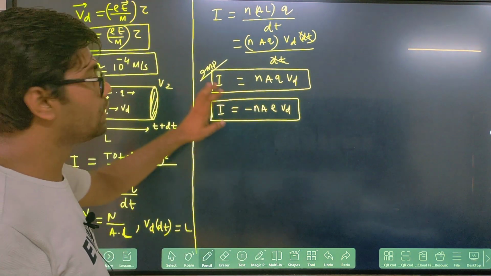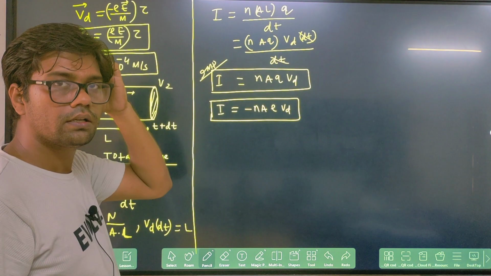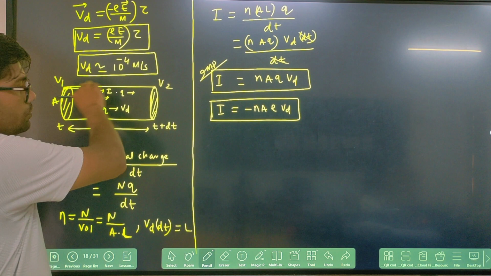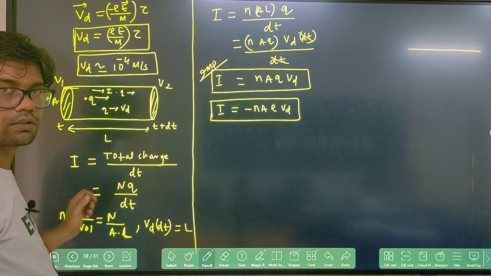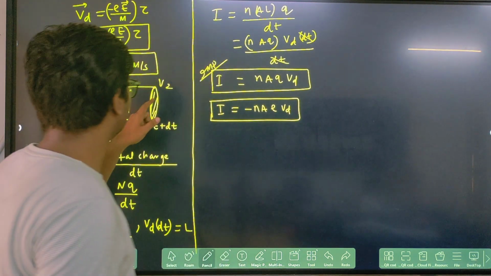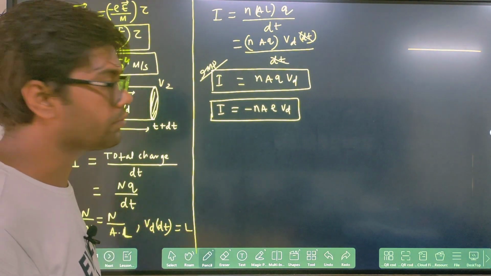And the electron obviously moves opposite, because if the positive charge moves along this direction, the electron will move along the opposite direction, opposite to the electric field. Or the electron moves from lower potential to higher potential.